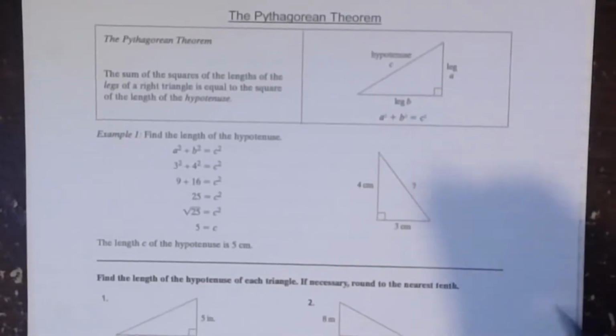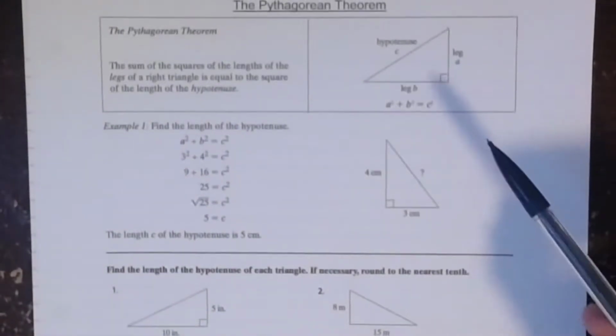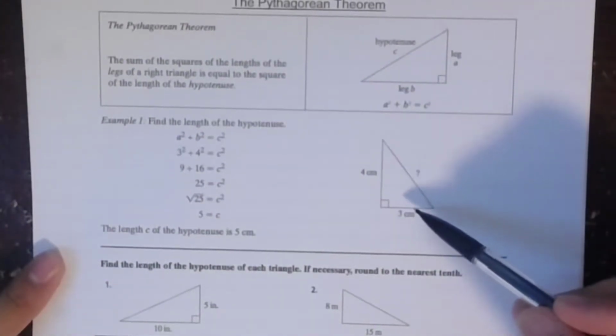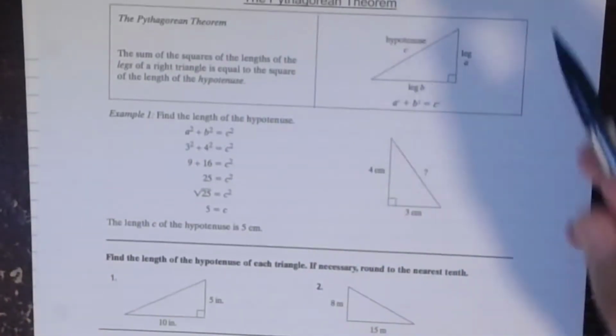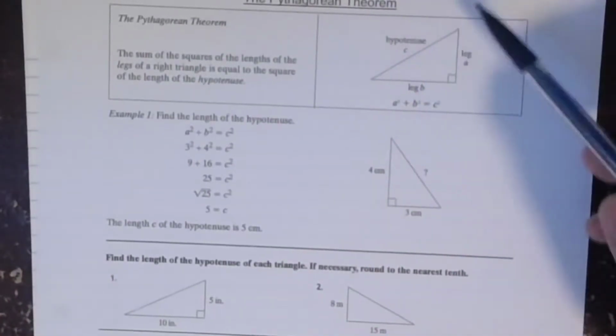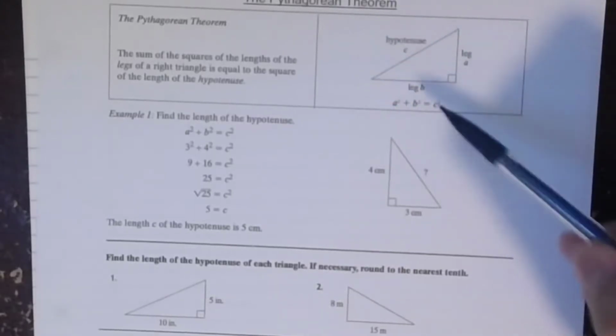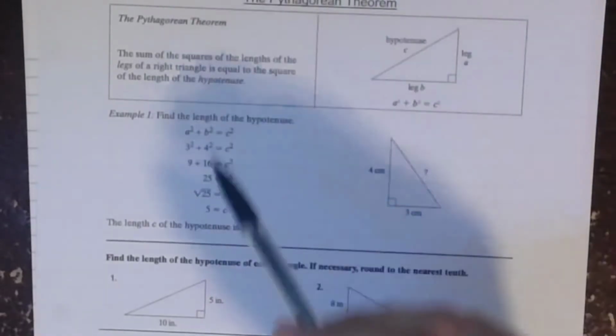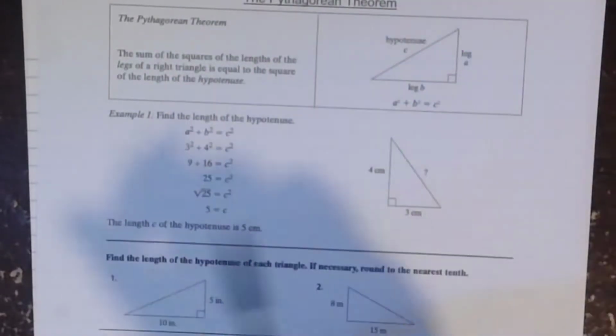Basically, a and b are the legs, or the sides, of the right triangle. In order to use the Pythagorean theorem, it needs to be a right triangle. You cannot use this formula if it's not a right triangle. That's a key thing, and I just wanted to make sure that's clear.